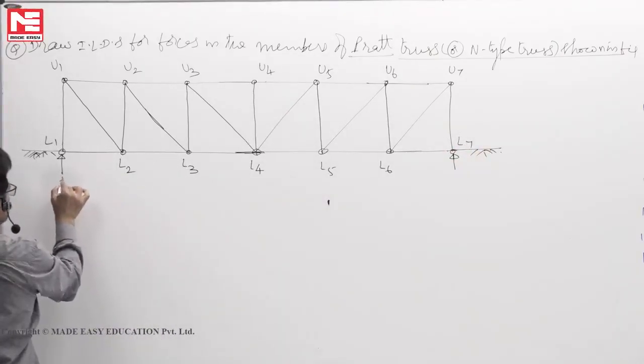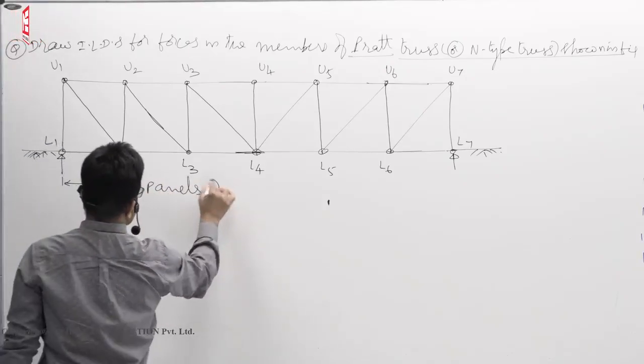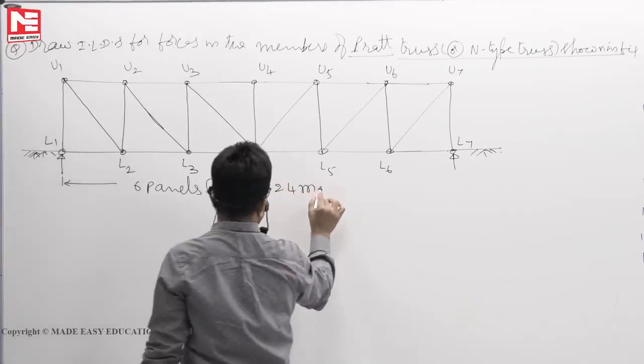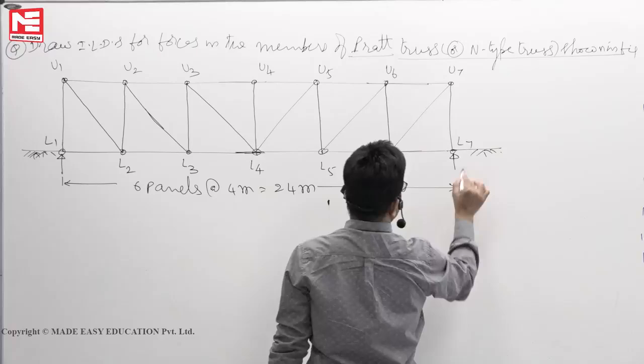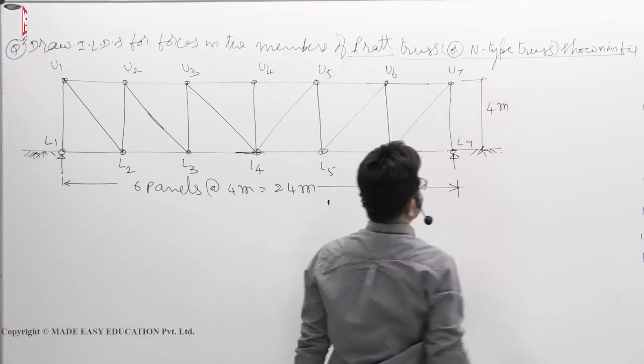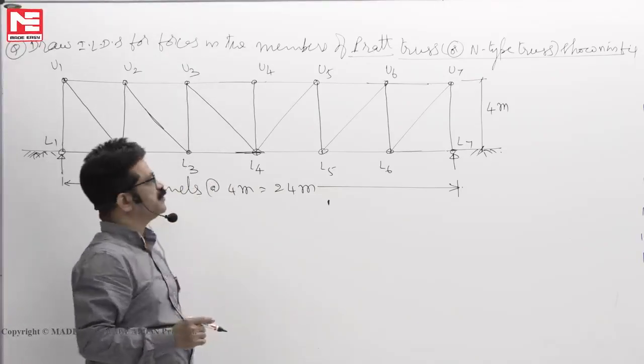There are 6 panels at 4 meters. So total length is say 24 meters. Height also let us say 4 meters. So now this is a 24-meter span of a bridge truss.